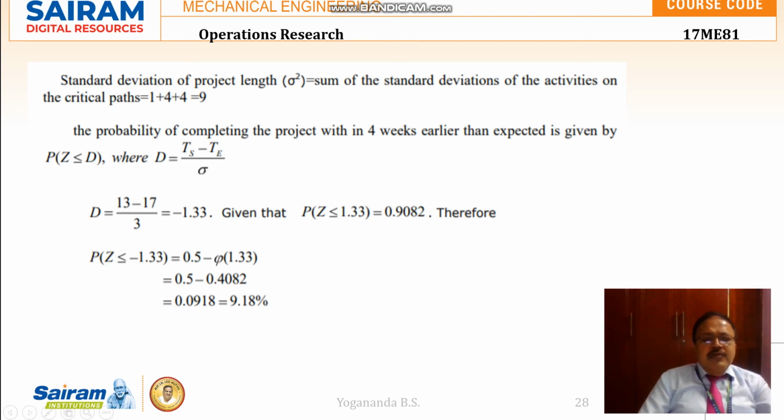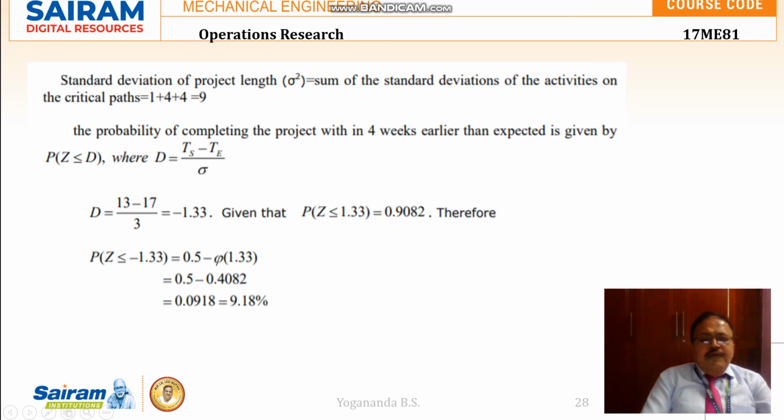So 13 minus 17, and the standard deviation is square root of 9. Sigma square is variance. Standard deviation is square root of sigma square. That is sigma. So it is minus 1.33.